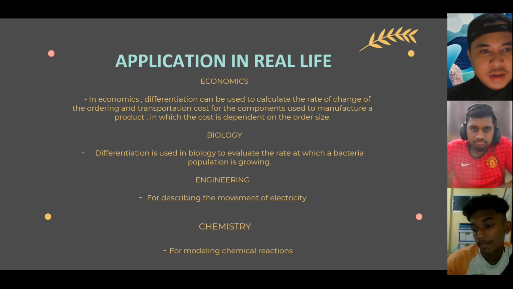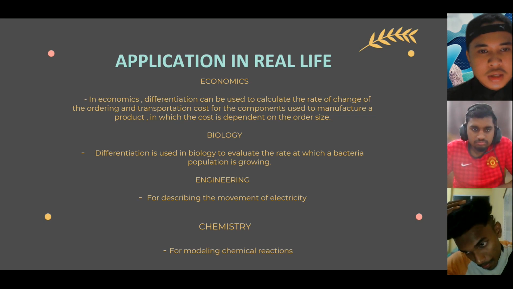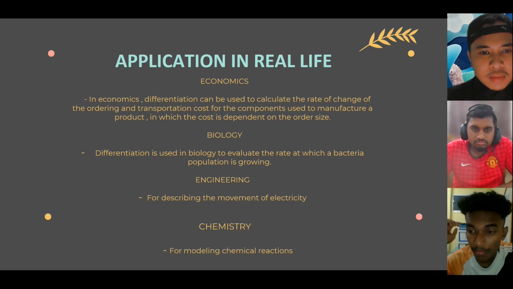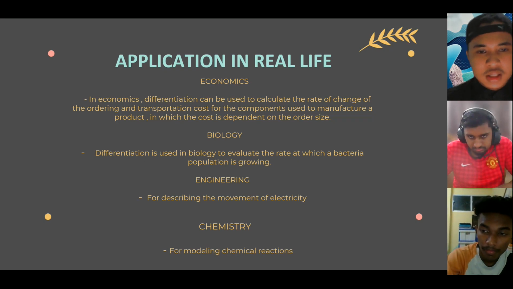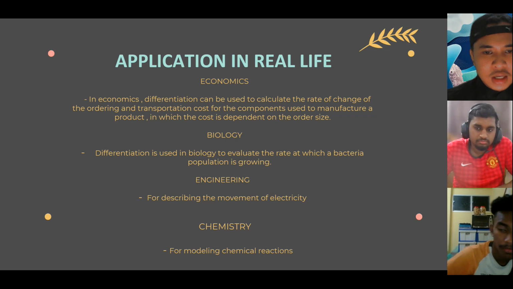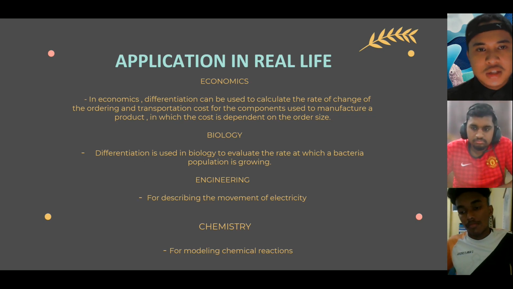Next, in biology, differentiation is used to evaluate the rate at which a bacteria population is growing. Next, in engineering, for describing the movement of electricity. Last but not least, in chemistry, for modeling chemical reactions.